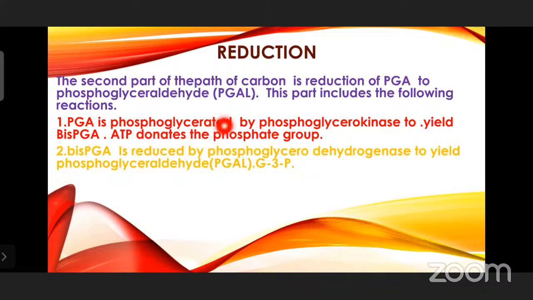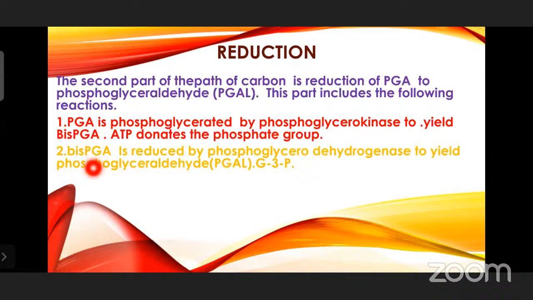First, how is ATP added? PGA is phosphorylated by the phosphoglycerokinase enzyme to yield bisphosphoglyceric acid. PGA has only one phosphate. Now it will have another phosphate added from the ATP. So ATP donates a phosphate group and it becomes bisphosphoglyceric acid.